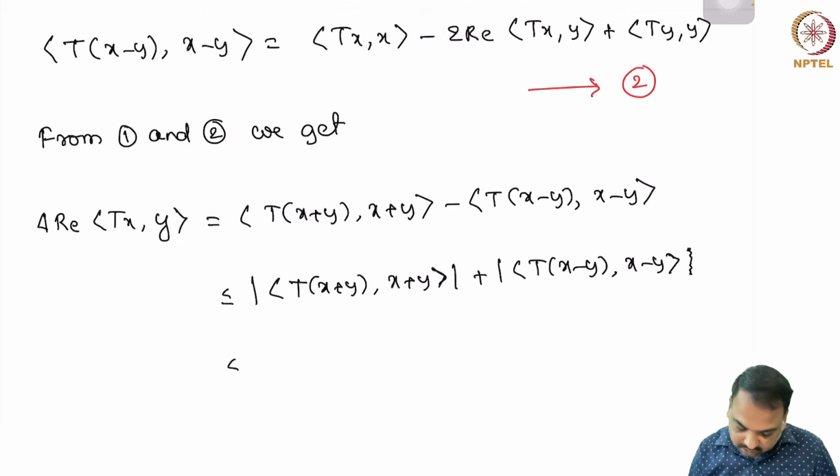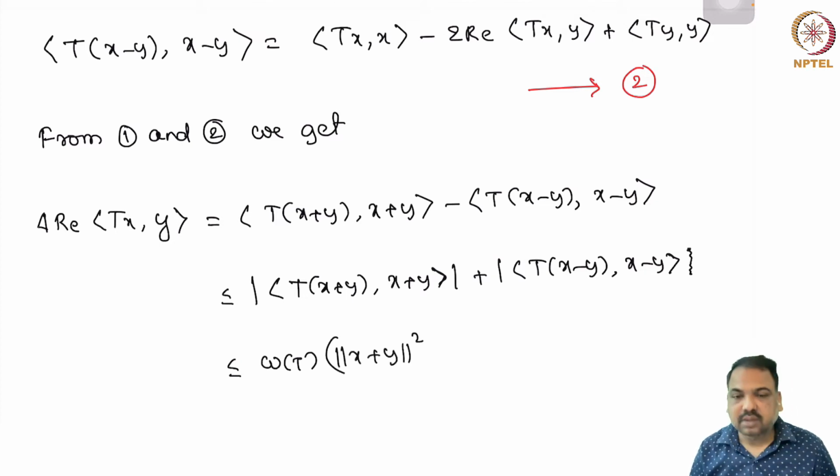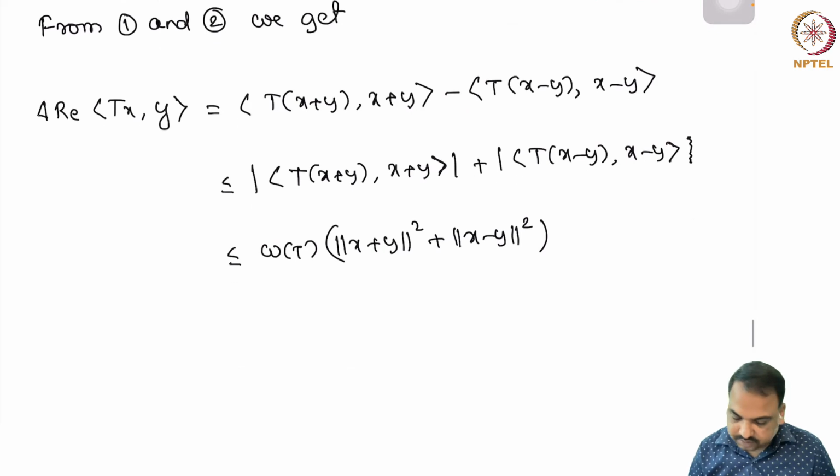But this is nothing but, by definition, omega of T norm x plus y square, and here also omega T multiplied by norm x minus y square. Okay, so let us call this inequality 3.